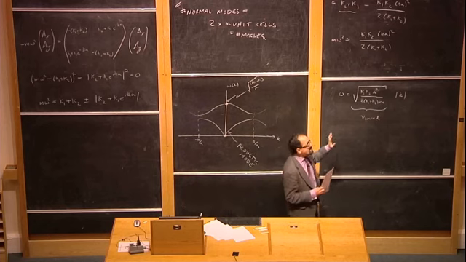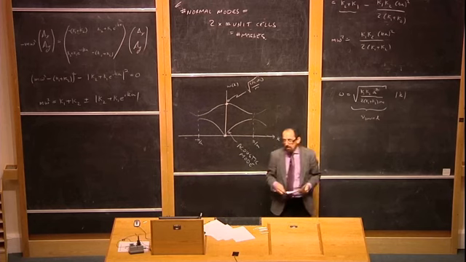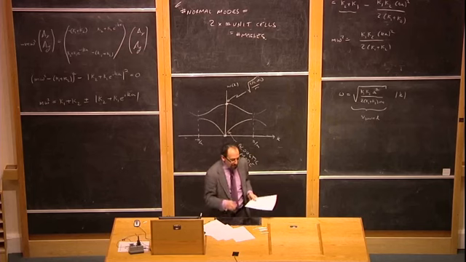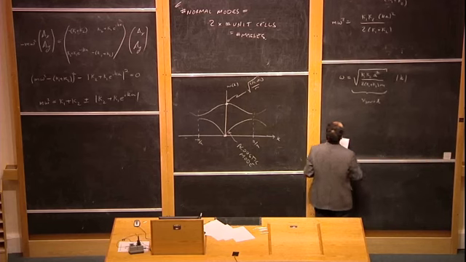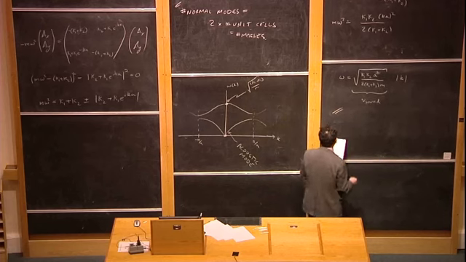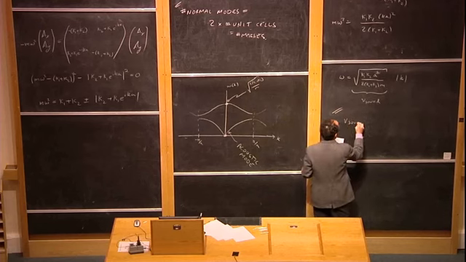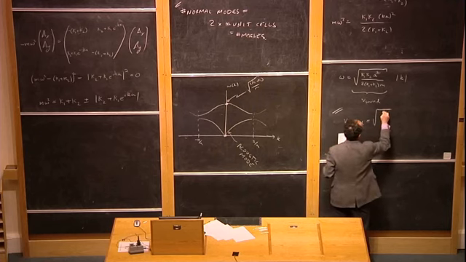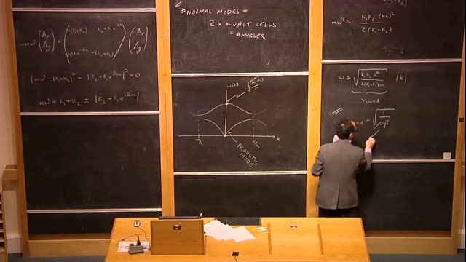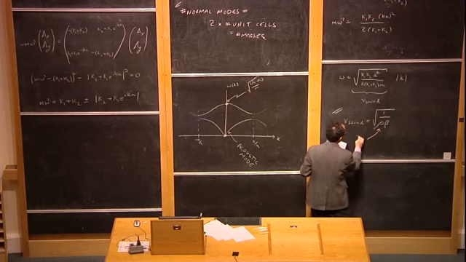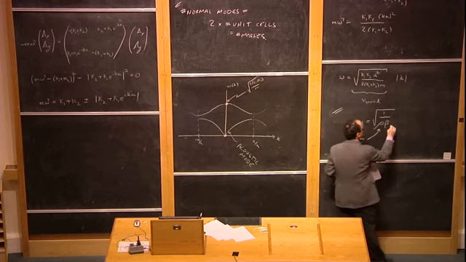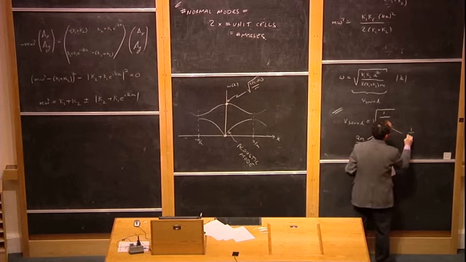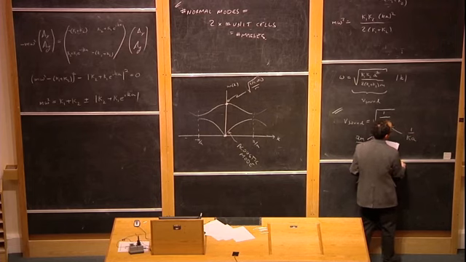Now, you remember last time when we derived the sound velocity, we also derived the same sound velocity by using a hydrodynamic argument. So let's see if we can do that again this time. Remember, from hydrodynamics, v sound should equal the square root of 1 over the mass density times the compressibility. The mass density is two masses per lattice constant a. And the compressibility, we derived last time, should be 1 over the spring constant times a.